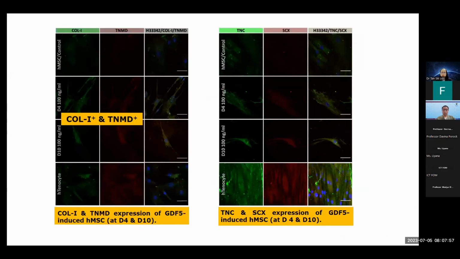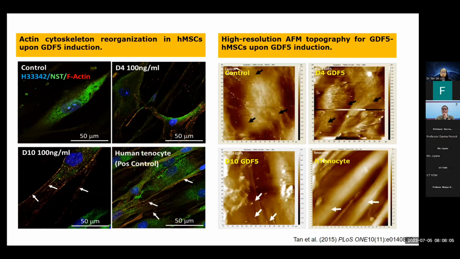These are the confocal images for the different tenogenic phenotypic markers. Confocal imaging shows the actin cytoskeleton reorganization in the MSC upon GDF5 induction, as you can see in the diagram here, with the stress fiber formation pointed out by the white arrow.